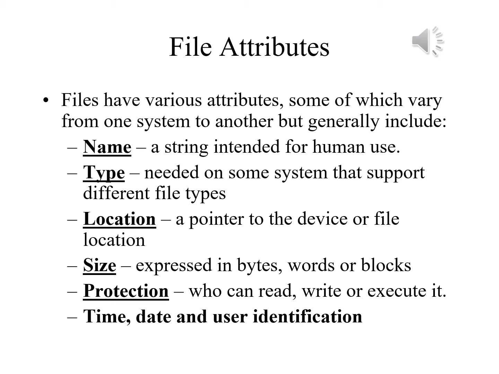We may need to know the size of the file, and this can be expressed in one of several different ways. Most multi-user systems will provide some means of protecting files, restricting who can use what, and restricting who can write in a given file or in a given directory.